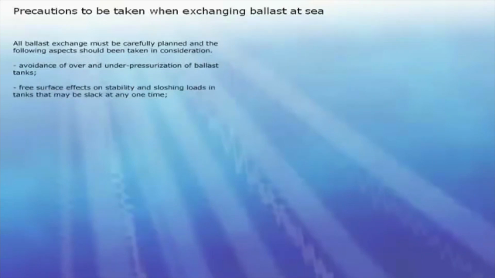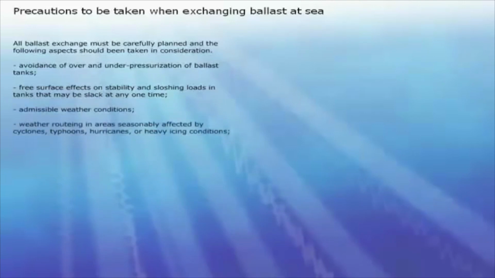All ballast exchange must be carefully planned, and the following aspects should be taken into consideration. Avoidance of over and under pressurization of ballast tanks. Free surface effects on stability and sloshing loads in tanks that may be slack at any one time. Admissible weather conditions.